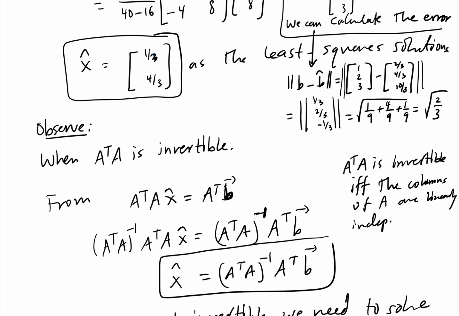And in this case, the equation Ax = b has only one least squares solution, x hat.